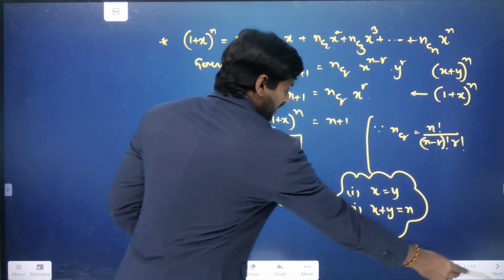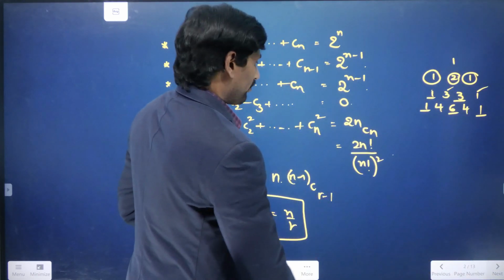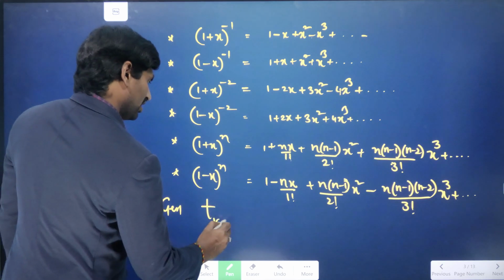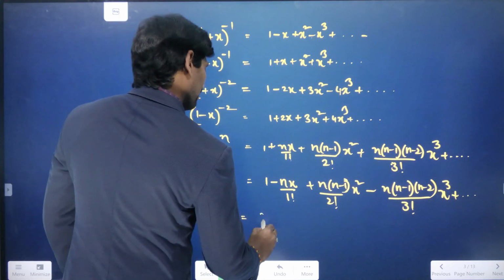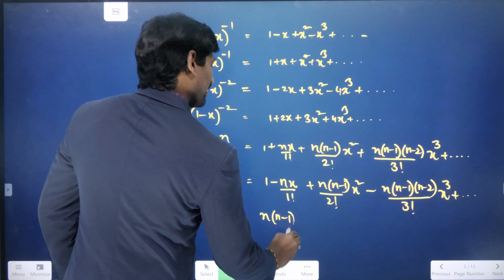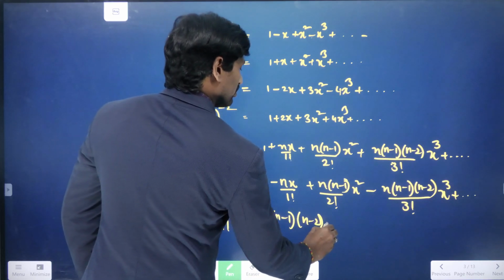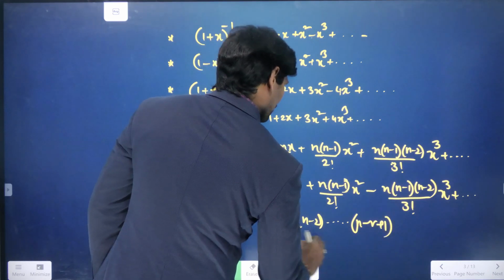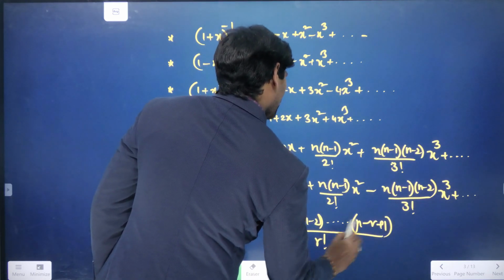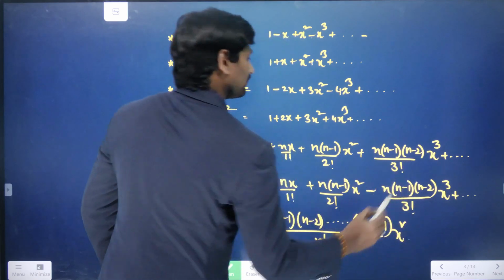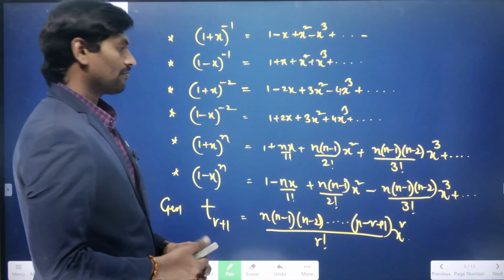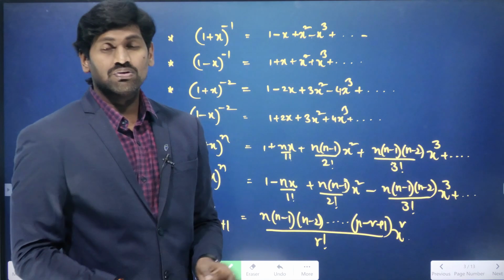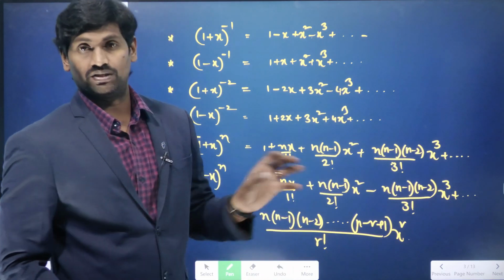But here n is a negative or a fractional number. We write the general term t r plus 1 equals n into n minus 1 into n minus 2 and so on, up to n minus r plus 1, by r factorial, into x power r. This is the general term when the n value is negative or in fractional form.